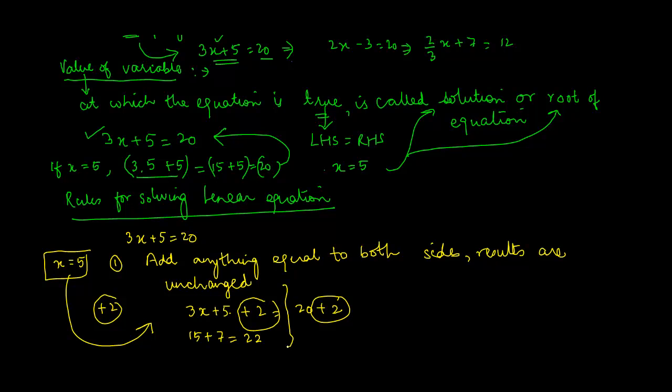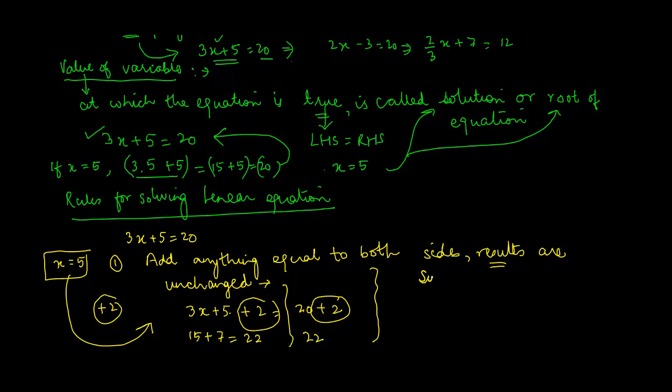This is what the left hand side is. If you see the right hand side, 20 plus 2 is 22. Right? So the first rule is that if you add some quantity, anything equal to both the sides, the results are unchanged, or the equation remains unchanged.